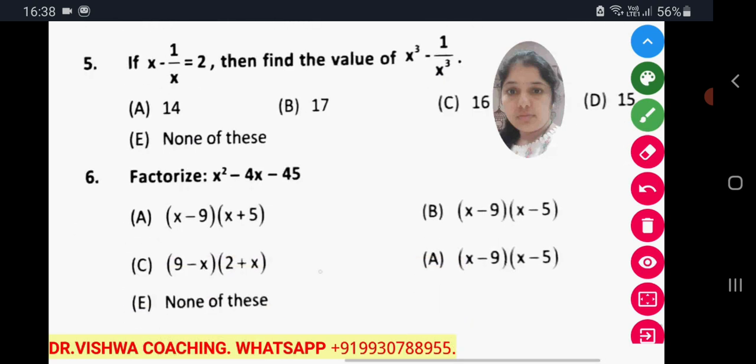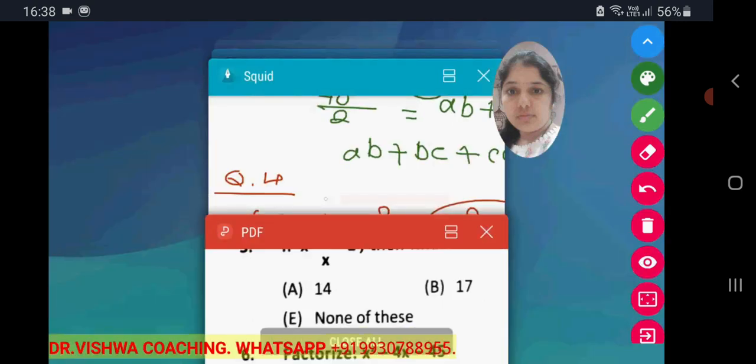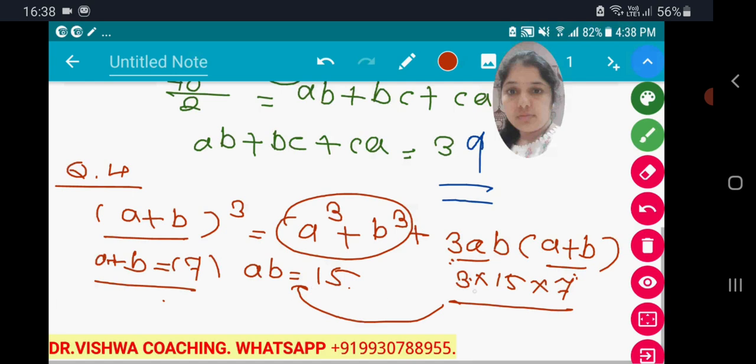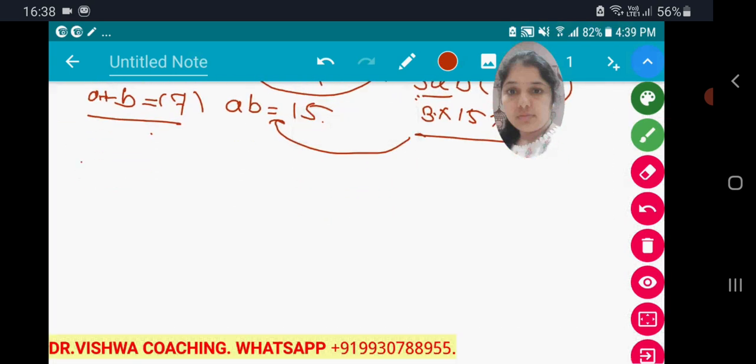Now we have to factorize x square minus 4x minus 45. Now see, the equation given to us is x square minus 4x minus 45.